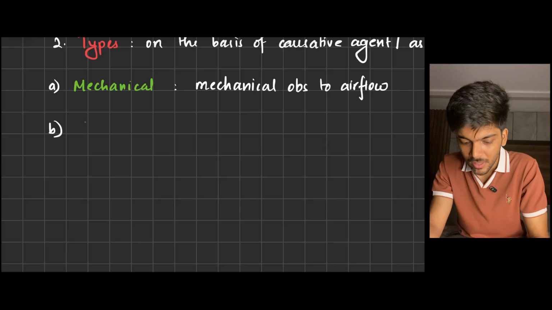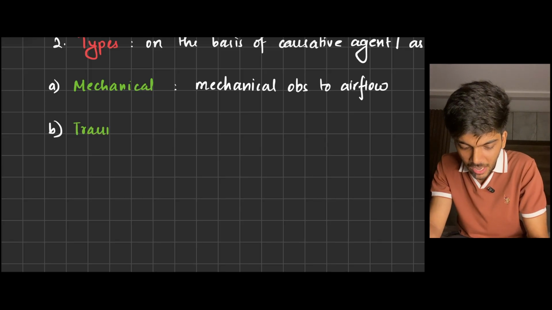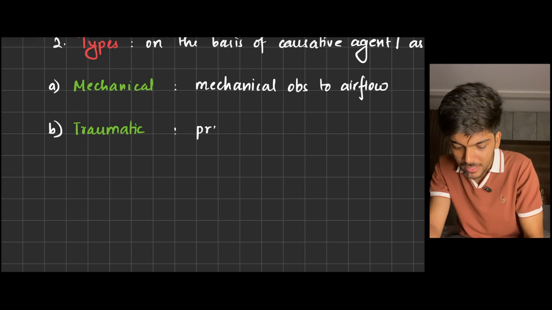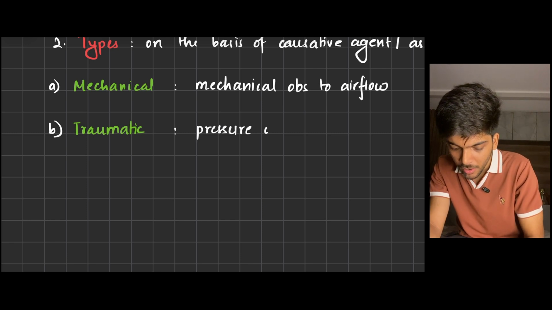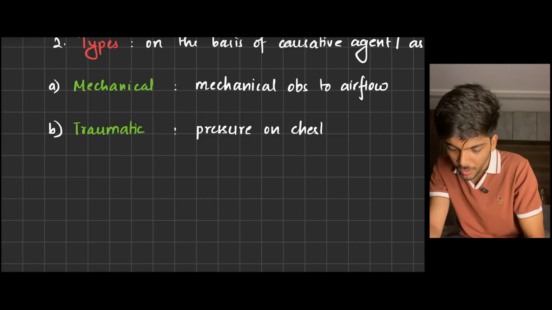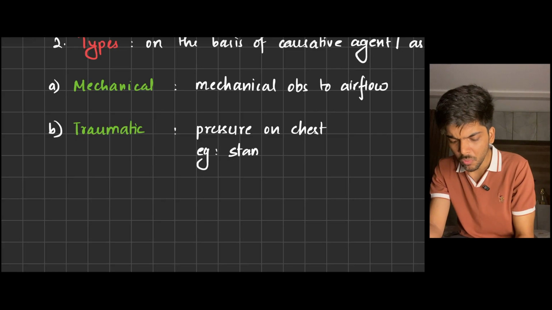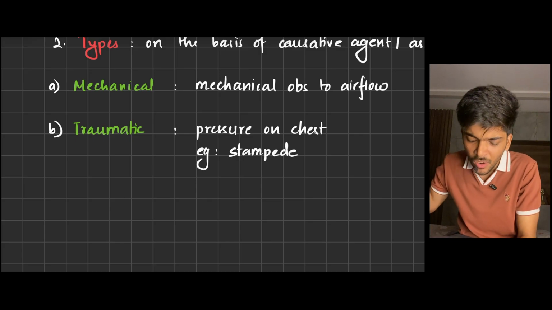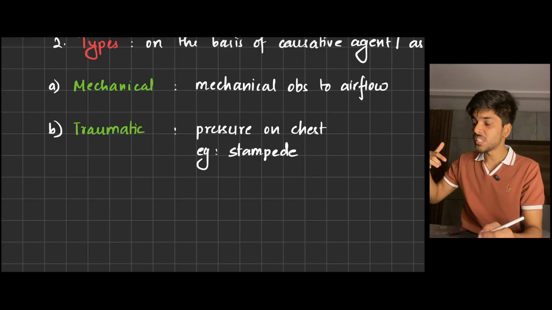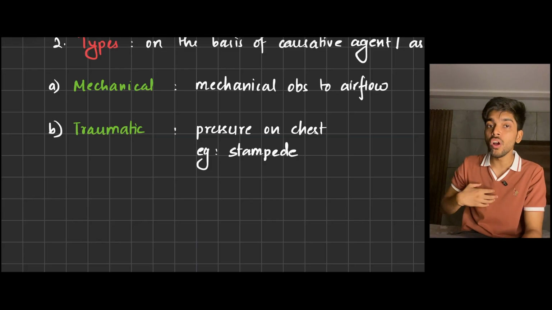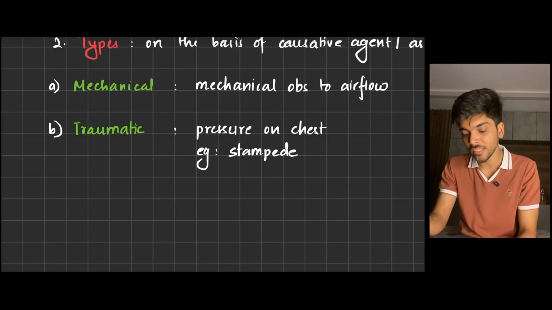Number two, traumatic asphyxia. So traumatic asphyxia is due to pressure on chest. For example, in case of stampede, when lots of people are running over you and stepping over your chest, your chest is unable to inflate, your lung is unable to expand, and you are unable to breathe in, leading to asphyxia.